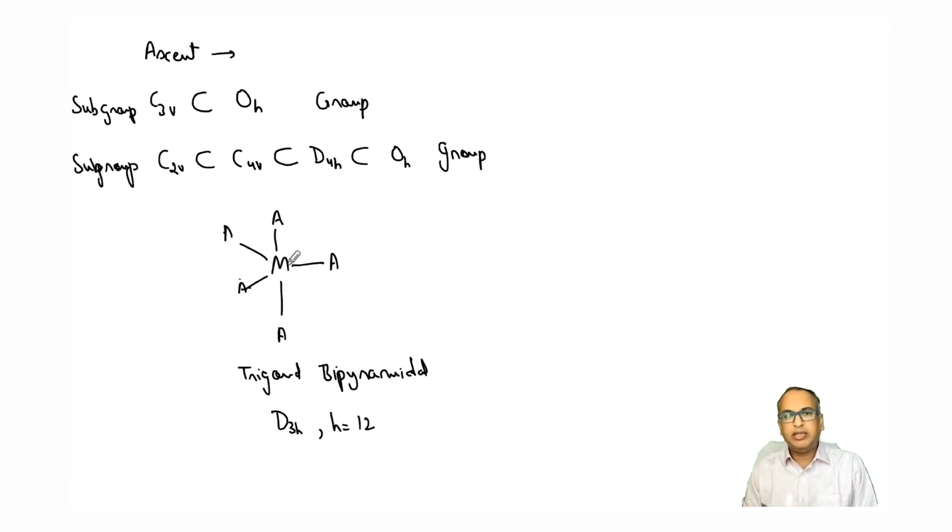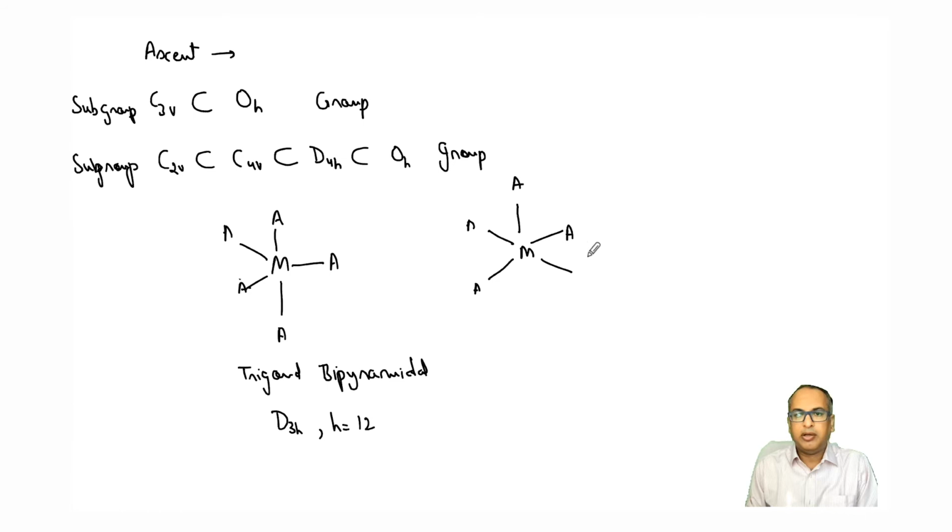Now let's say there is some sort of chemical reaction, and the structure of the molecule changes from trigonal bipyramidal to square pyramidal. That can happen, right? If that happens, the point group changes to C4V and the order is 8.